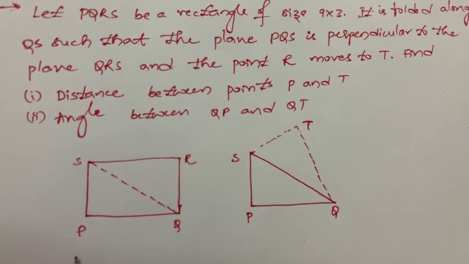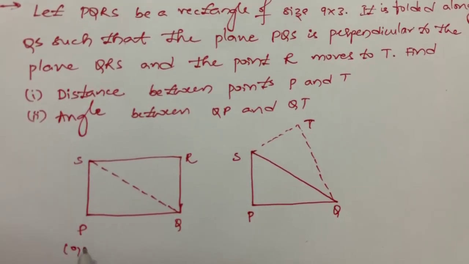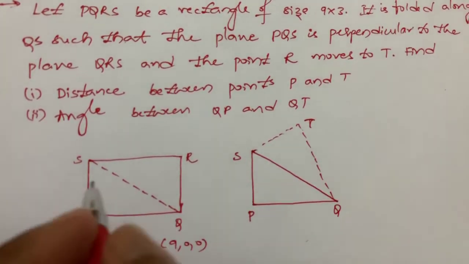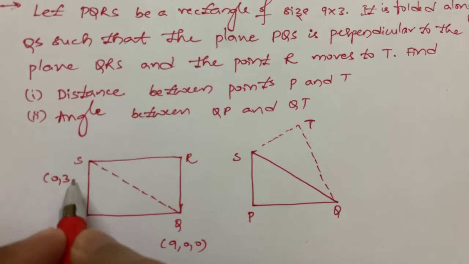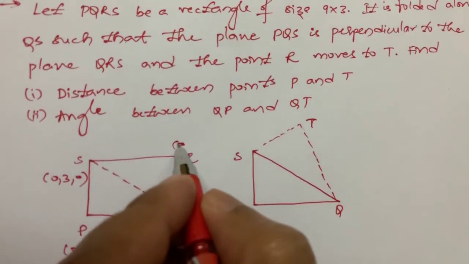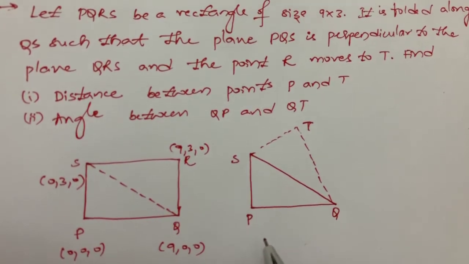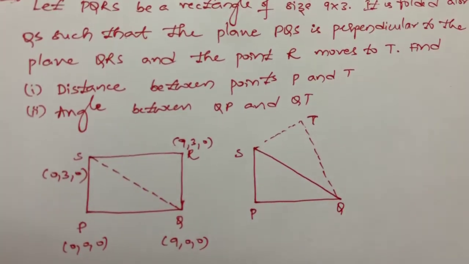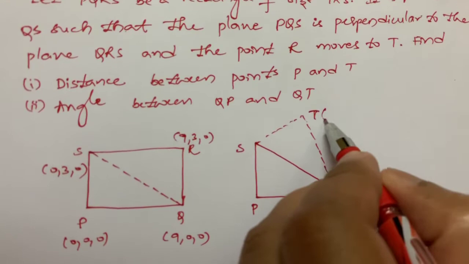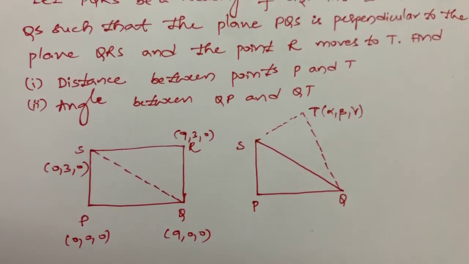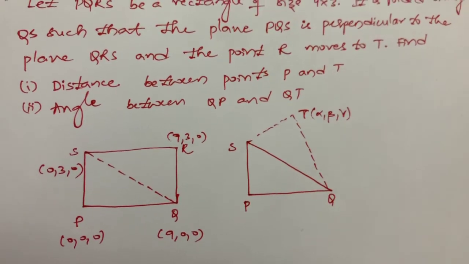We'll consider P as 0, 0, 0, Q as 9, 0, 0, S as 0, 3, 0, R will be 9, 3, 0. Now we don't know the coordinates of T, so we'll call them alpha, beta, gamma.